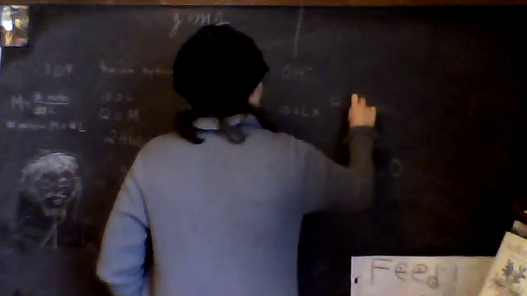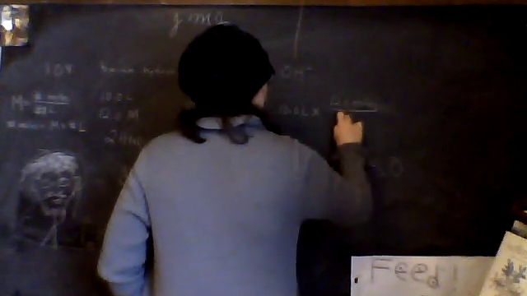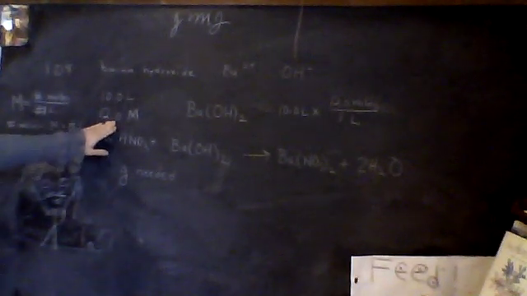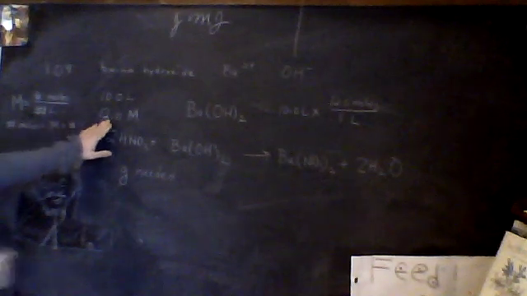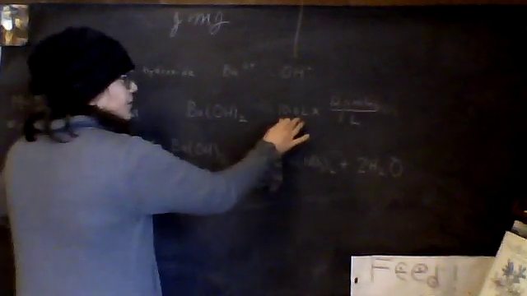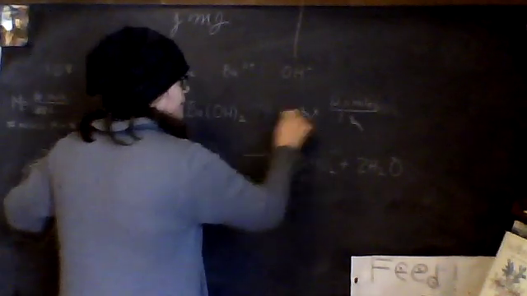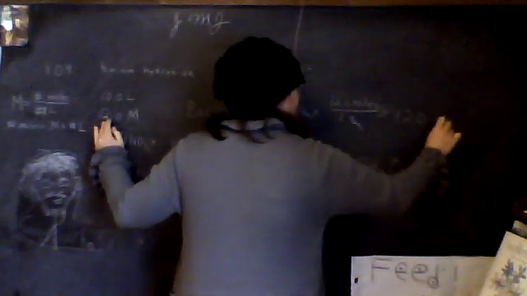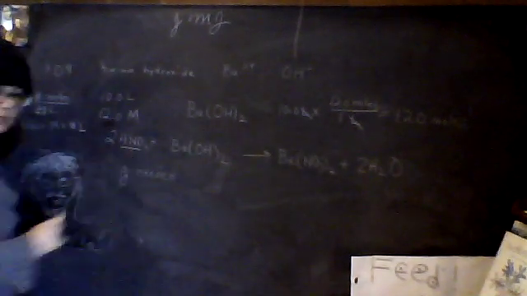And we have 12 moles per liter. That's the meaning of this. So if we want to find out how many moles we have, we multiply by the number of liters. Liters cancel. How many moles do we have? 120. Correct, 120 moles of the nitric acid.